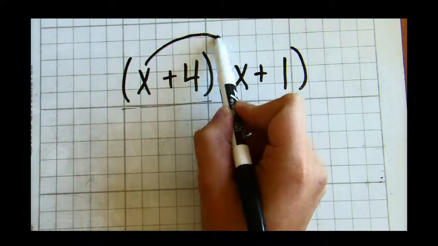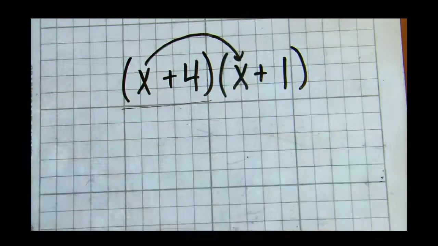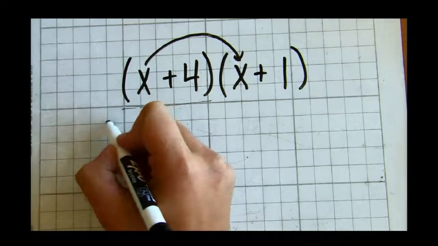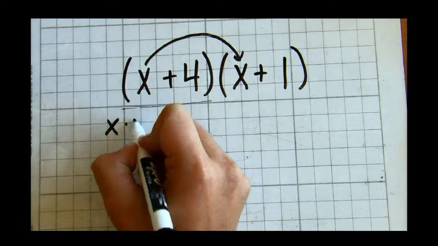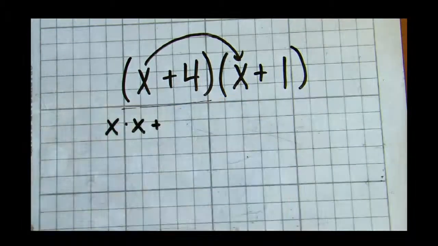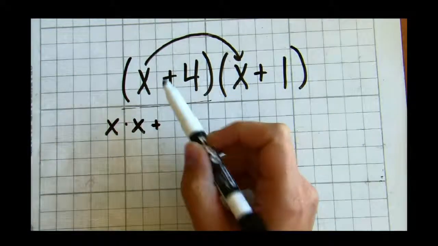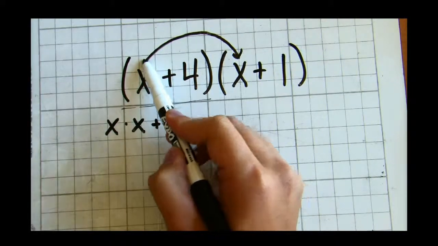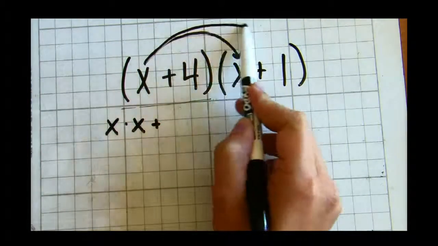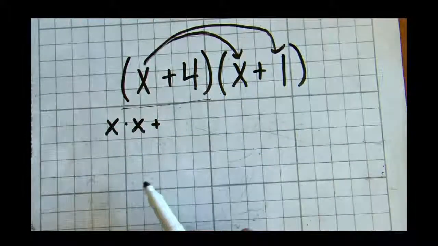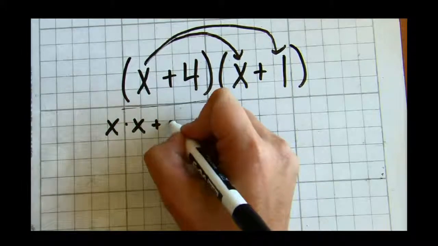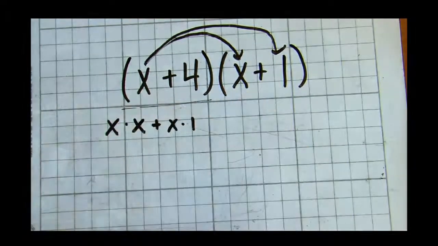You're correct. I'm going to multiply it by this other x. So right down below, x times x plus. What's the next thing I'm going to distribute my x to? Wonderful, this 1. Then I'm going to write x times 1.